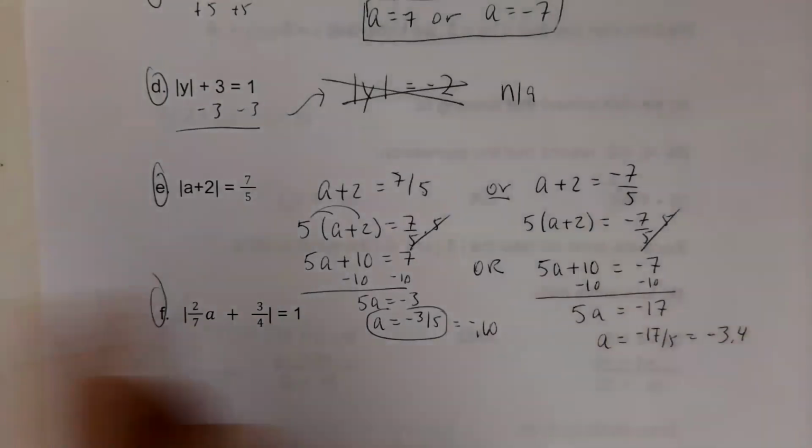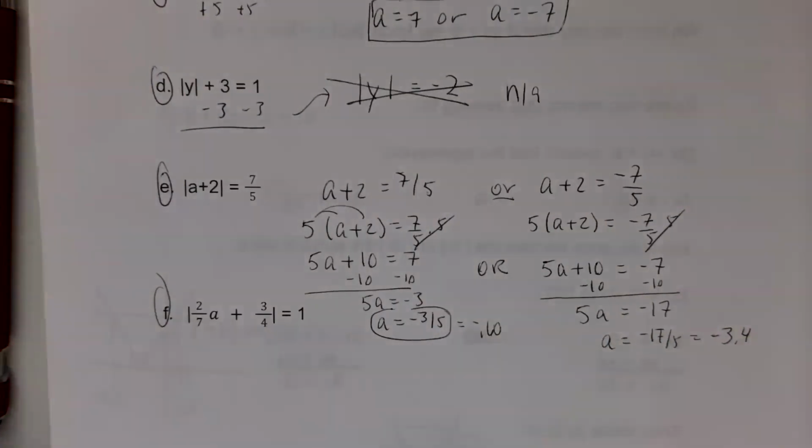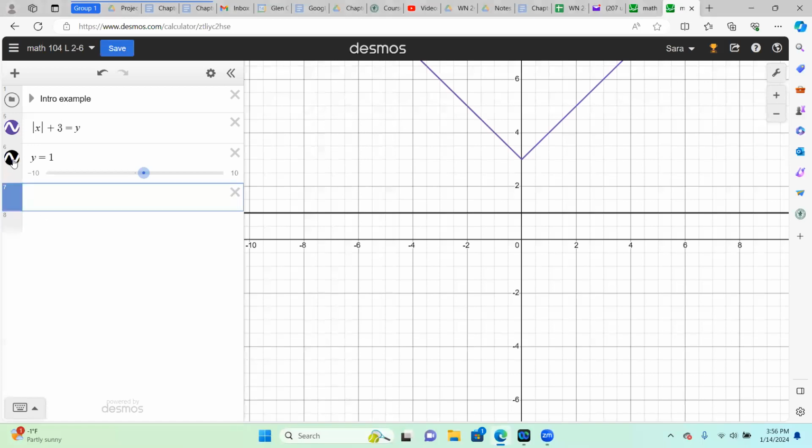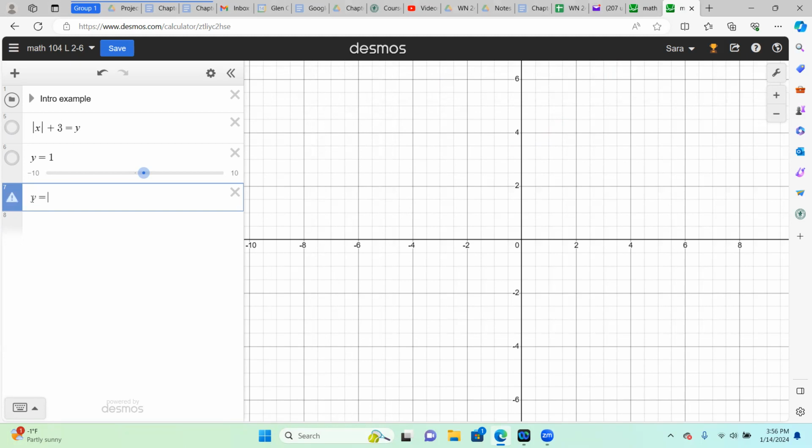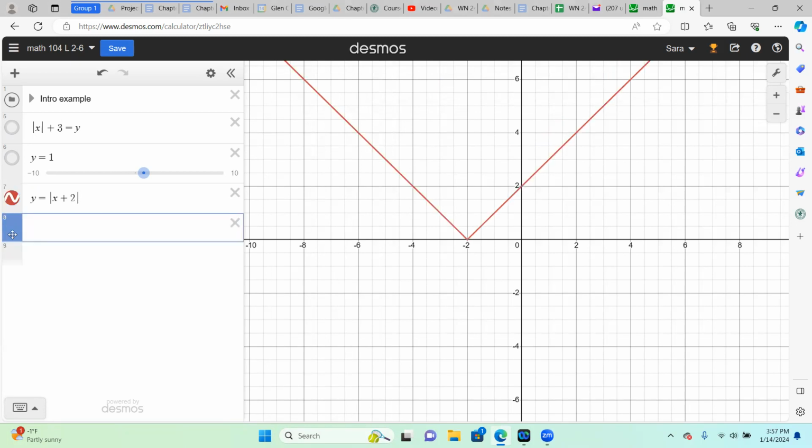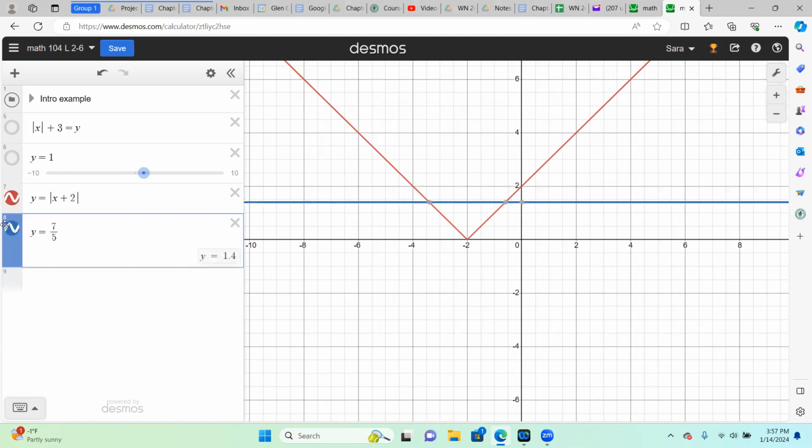Okay, so we can see this one in Desmos as well. So I'm going to do the left-hand side. So Y equals X plus 2. And then Y equals 7/5.